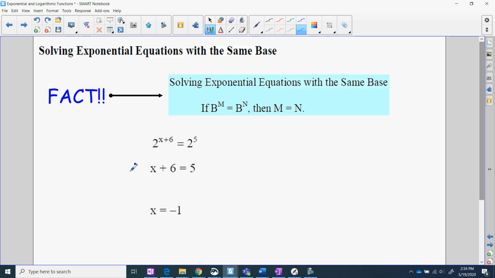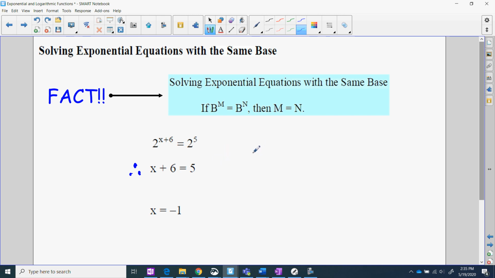I'm going to put this little symbol here, which hopefully you've seen before. It means therefore, 3 dots. Therefore, the exponent on the left has to equal the exponent on the right. Move your 6 over there. x has to be negative 1, which we can clearly see if I put negative 1 in here for x: negative 1 plus 6, I would get 2 to the 5 equals 2 to the 5, and it would work.